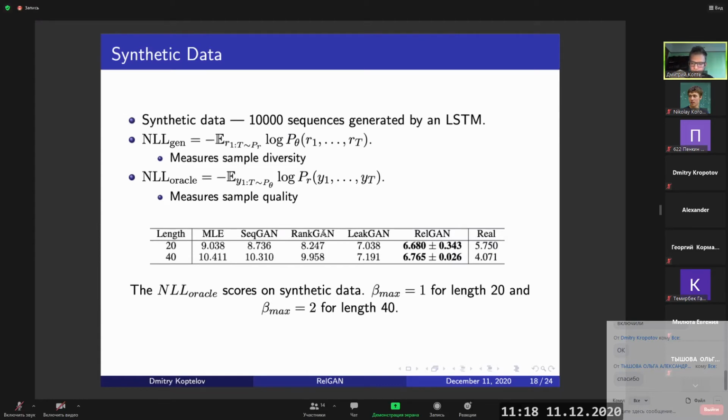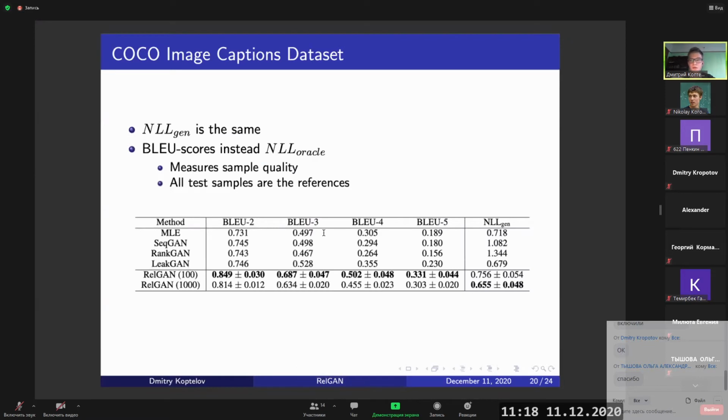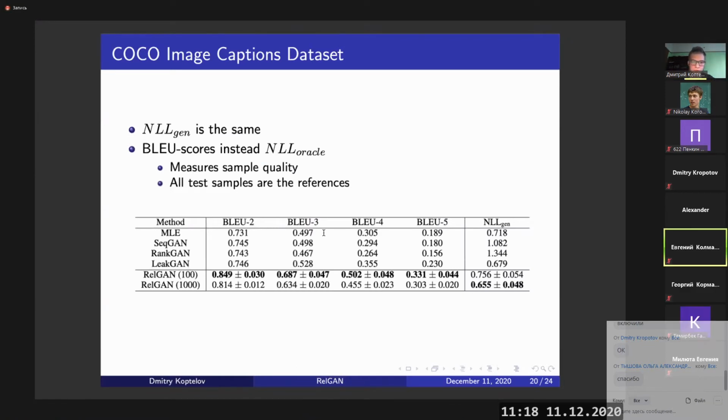For test data, we have only samples, and they used BLEU scores. And the idea is that for each generated sentence, we compute the BLEU score with all test samples as the reference, in such a way.